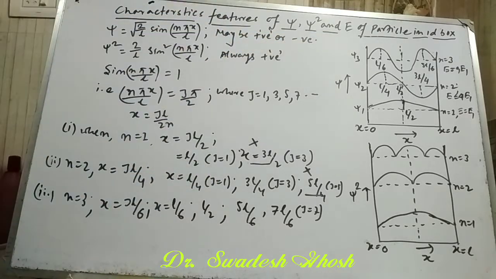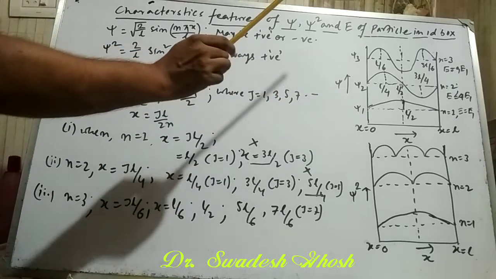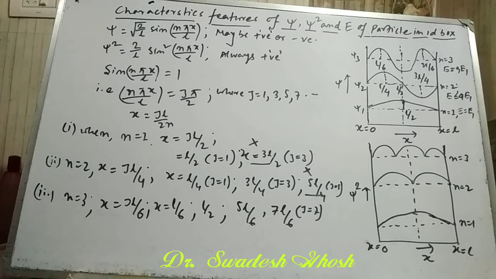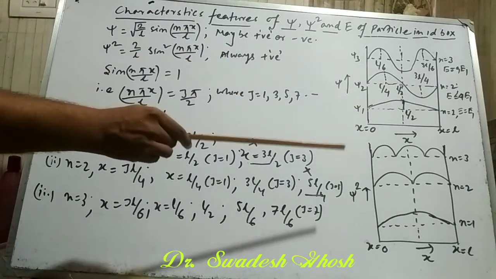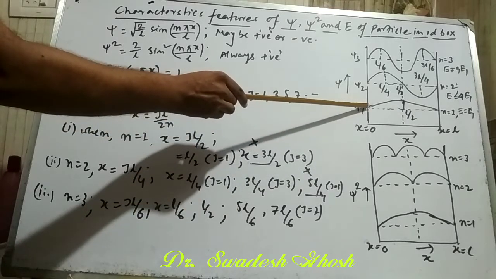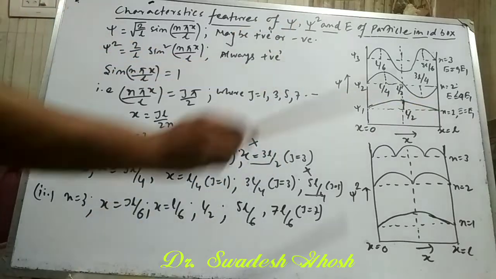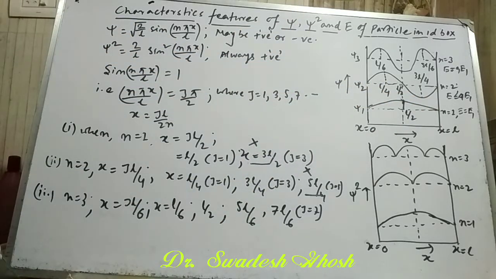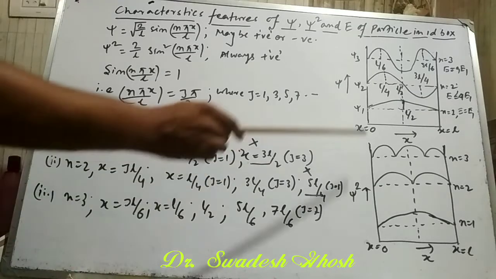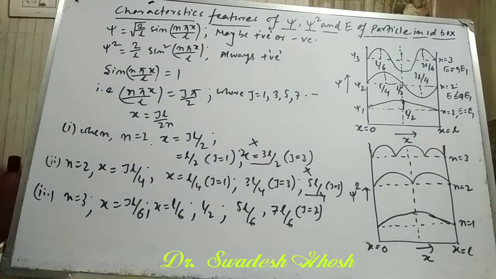From the plot, we have seen that the wave function vanishes at the boundaries. For n equal to 1, the wave function vanishes at the boundaries, that is, at x equal to 0 and x equal to L. The wave function vanishing means there is no probability of finding the particle at those points, the boundaries.